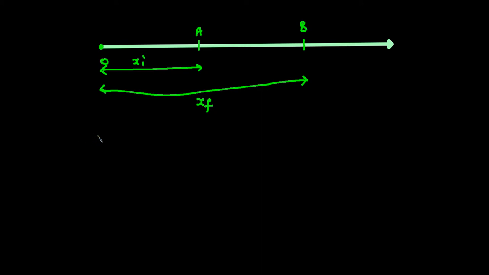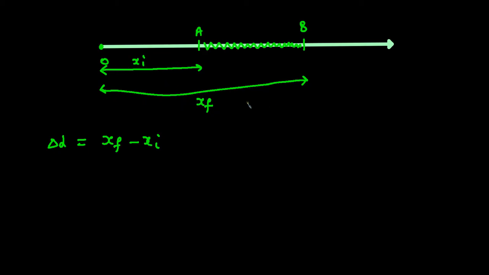So the displacement is the change in the distance, which is xf minus xi. We represent it by delta d. So this is the displacement of the particle from A to B, which is basically final position minus the initial position of the particle. Final position is at B and the initial position was at A, which is xi.